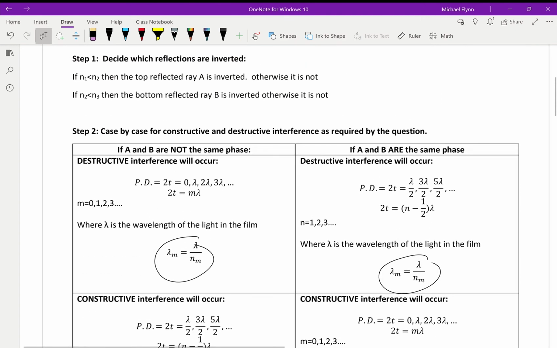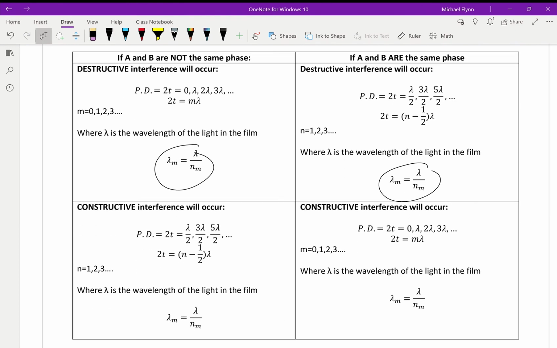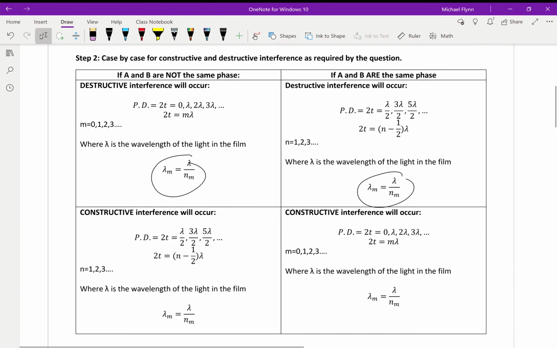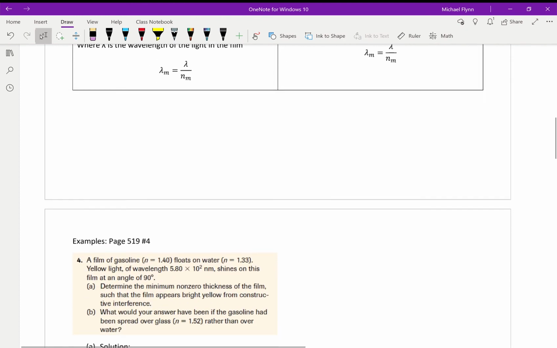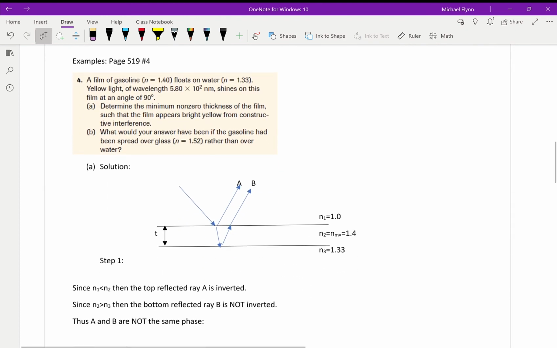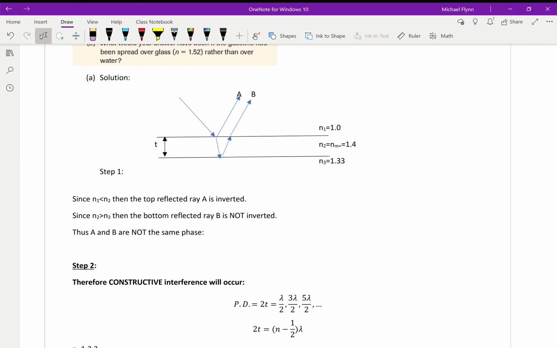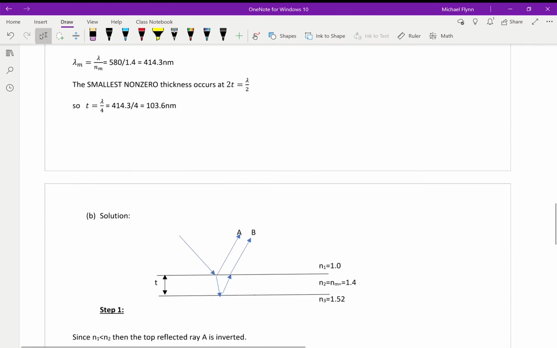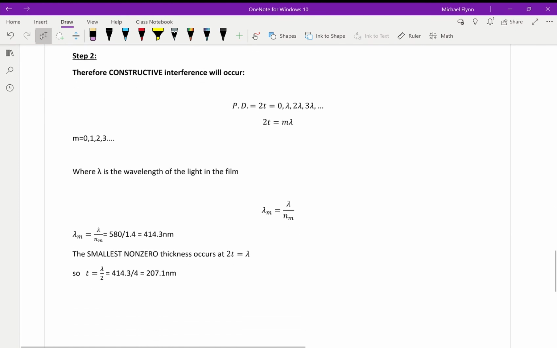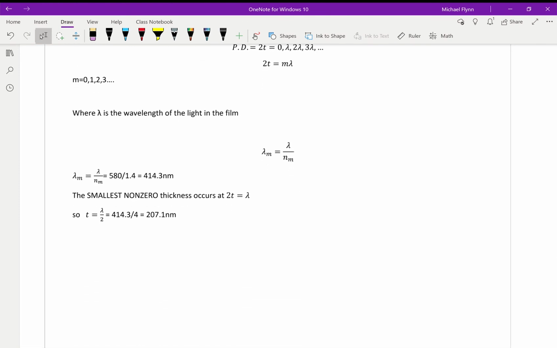Now, if they are the same phase, then the cases switch. So if they're both inverted or both not inverted, then the cases switch, and then you just go case by case. I've also put an example for you, the same example that I just did, by the way, and I've written out the explanation here for you. Hopefully that will help.